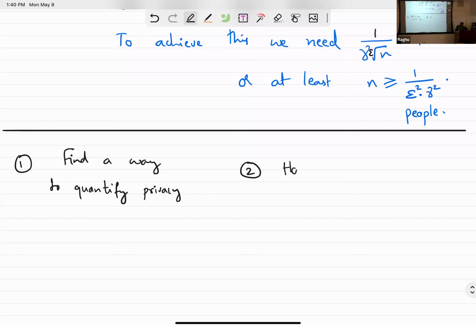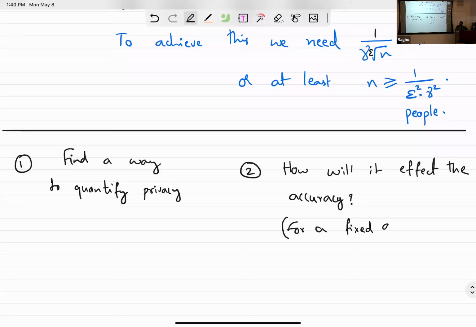How will it affect the accuracy? But usually in the context of privacy, it's more useful to ask the flip question, which is, for a fixed accuracy parameter, statisticians prefer this variation, I fix the accuracy parameter epsilon.